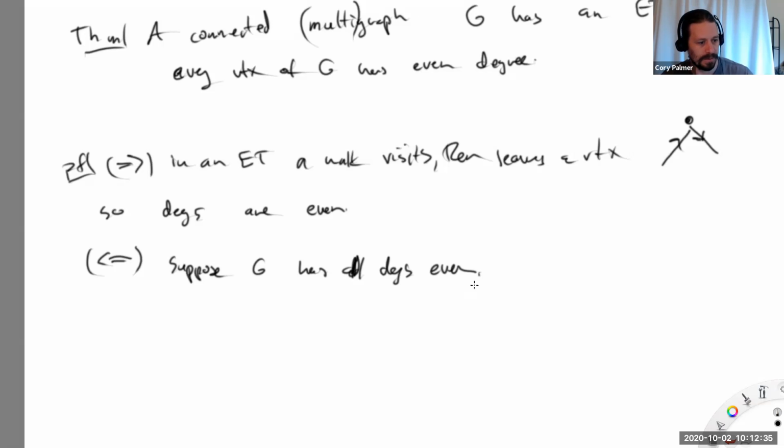So all degrees are even, and let W, and this one's a lot easier to prove with a picture, let this be a longest walk. So we start V0, E1, V1, E2, V2, and so on, E_{L-1}, VL.